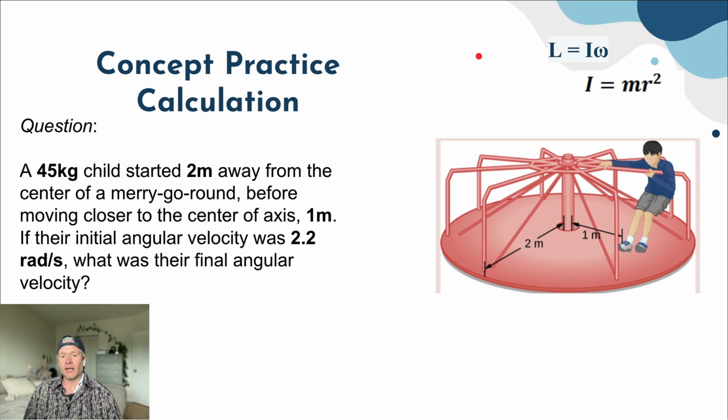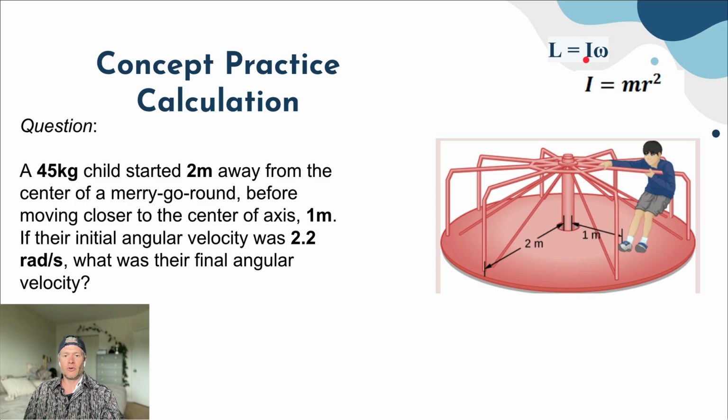Then I can start filling in the variables and plugging in the variables that I know, right? So below that line, I can go, okay, my moment of inertia equals my angular velocity. Do I know any of those variables? Well, no and no. Okay. Oh, here I have some angular velocity. Great. So initial angular velocity, 2.2 radians per second.